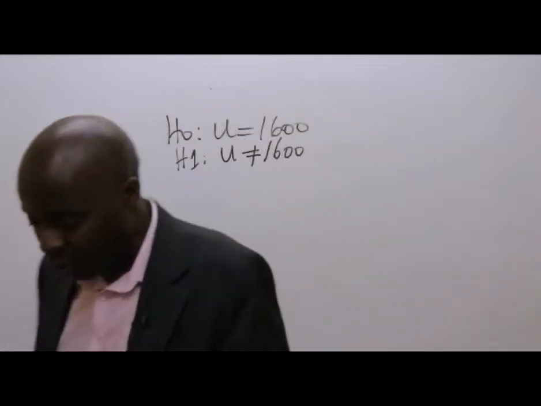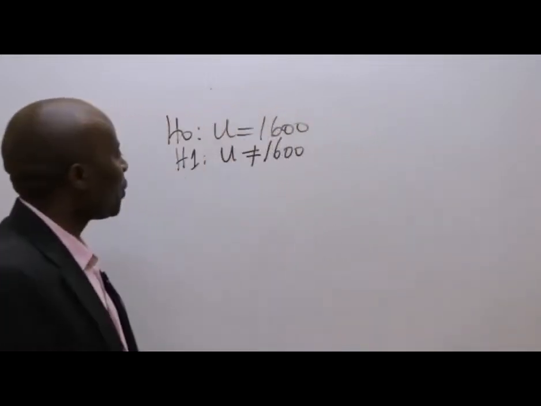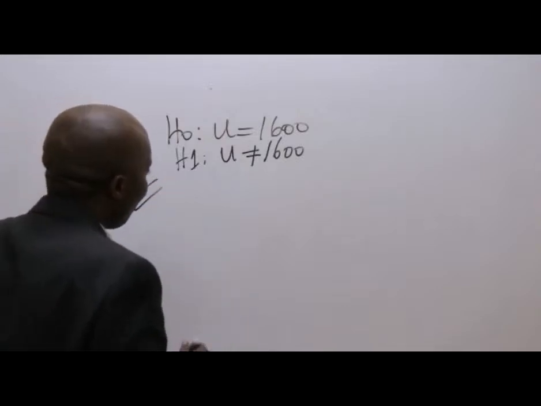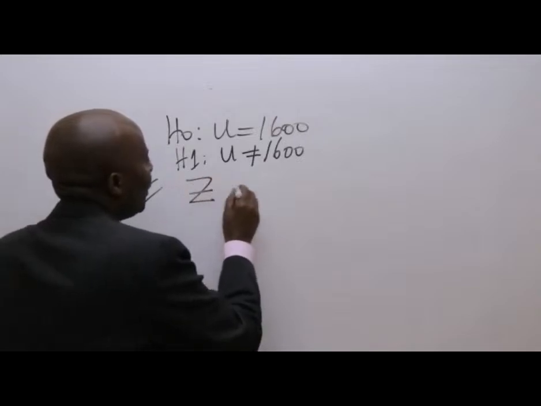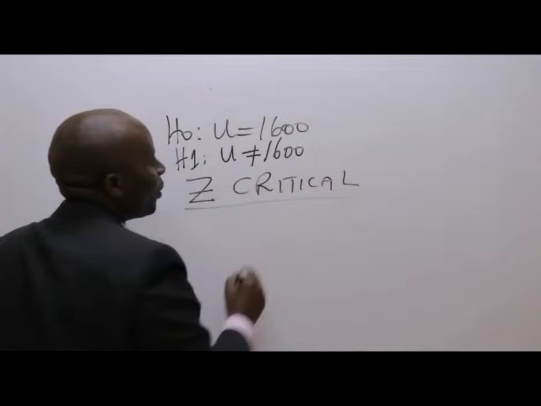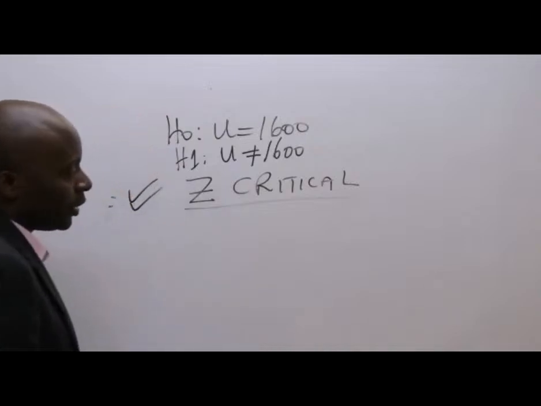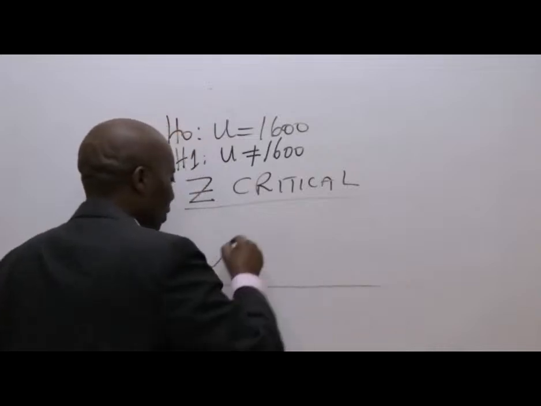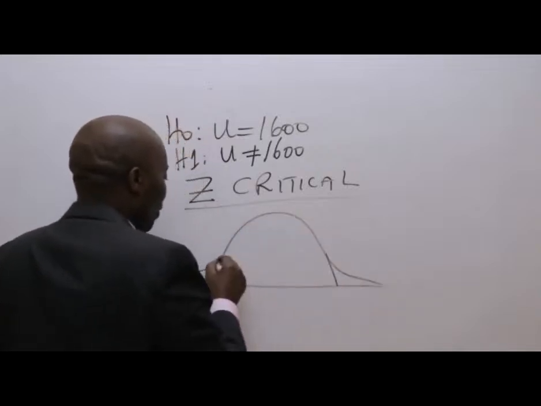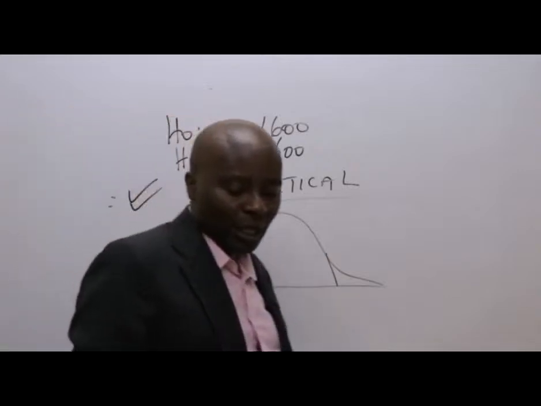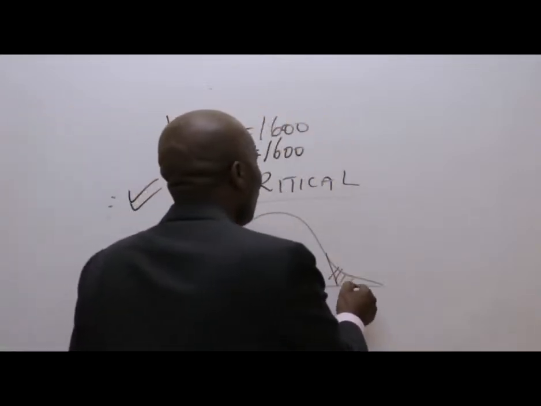Step number 2, ladies and gentlemen, given that this is a large sample, come and give us the Z critical. So for Z critical, we have to draw our good diagram. Remember, this examiner has given us the level of significance.